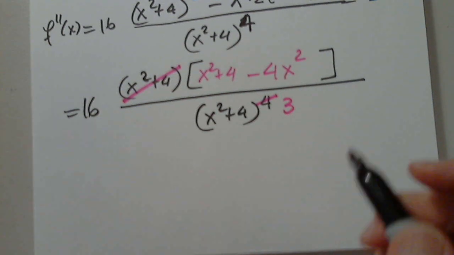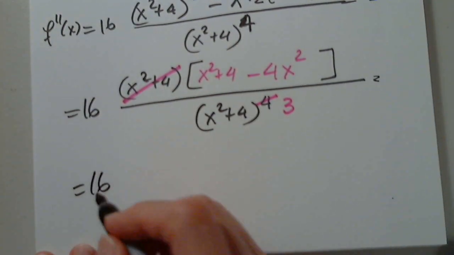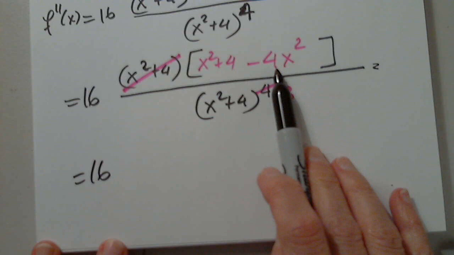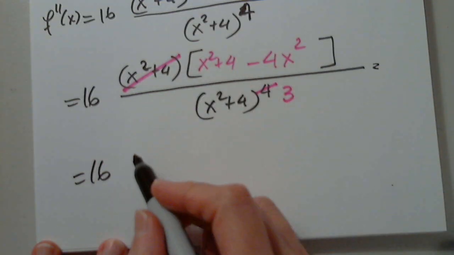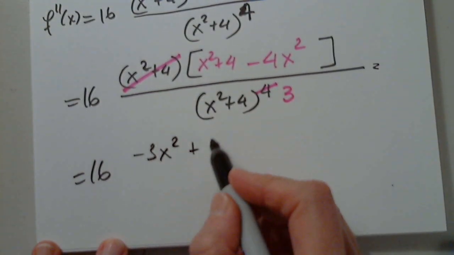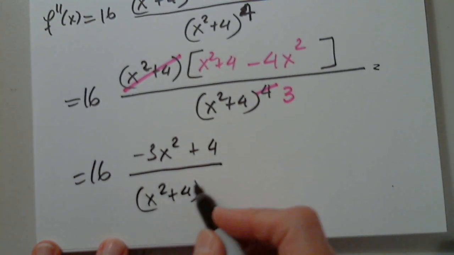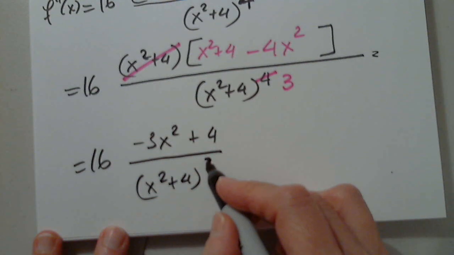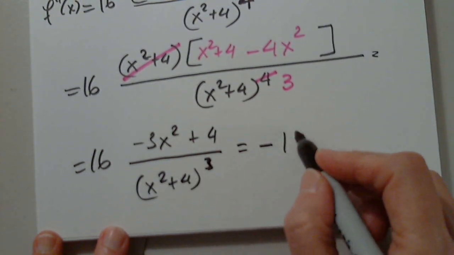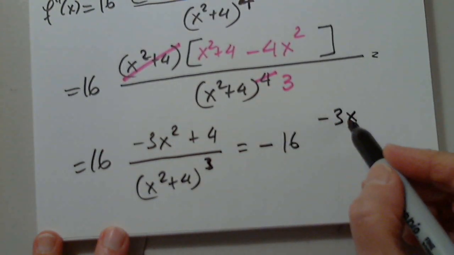So now finally, 16 times (negative 4x squared plus x squared is negative 3x squared, and plus 4), and this is (x squared plus 4) to the third. Yes, I hope you are allergic to negative leading coefficients as I am.